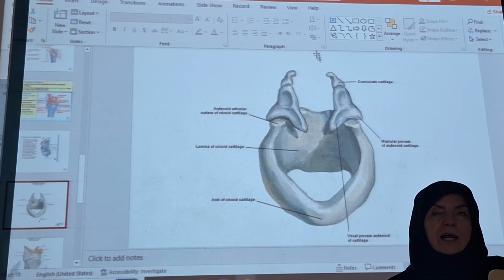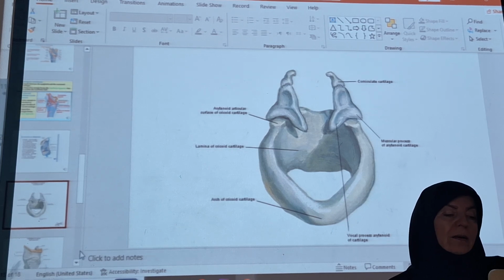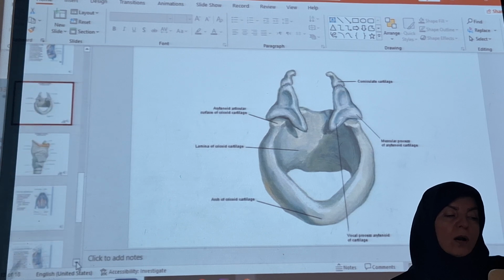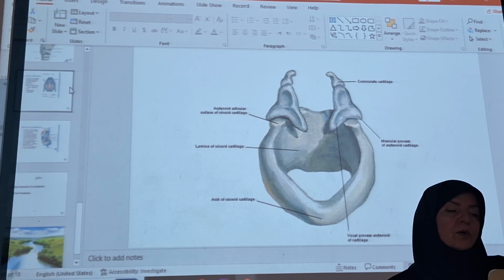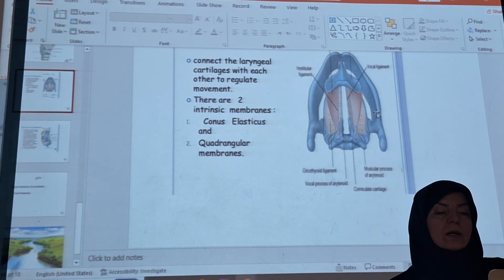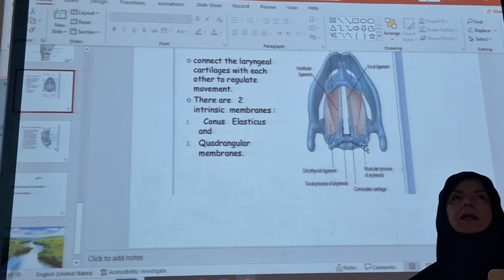So during the laryngoscopy, we are able to look at all of the vocal true and false ligaments.